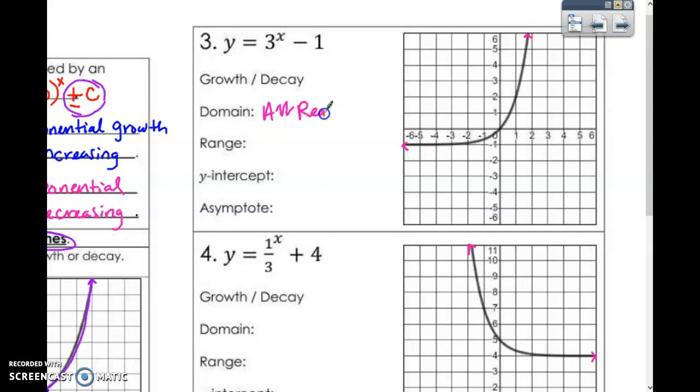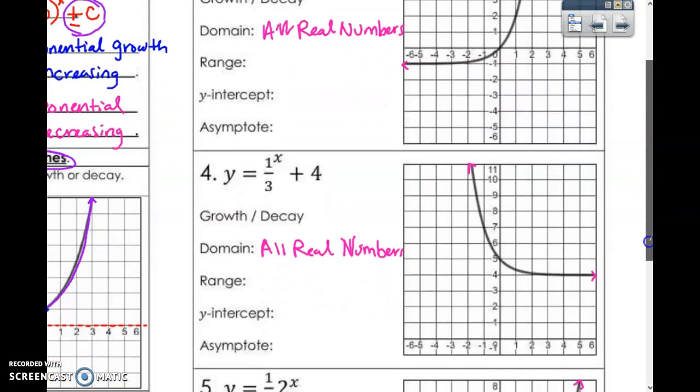All real numbers. Always. Because it's going to keep going to the left and to the right forever and ever.